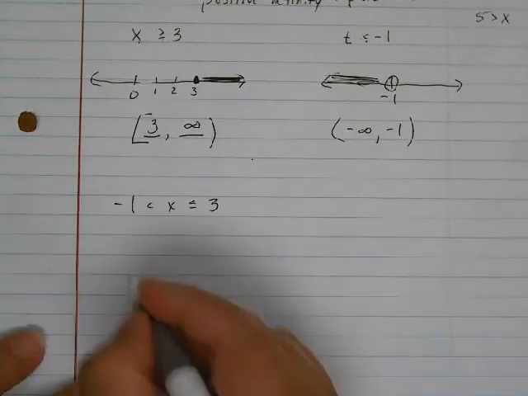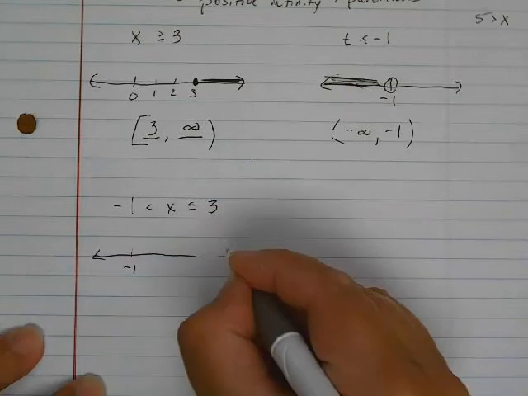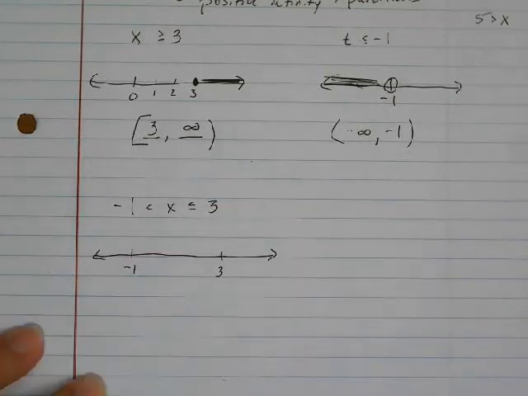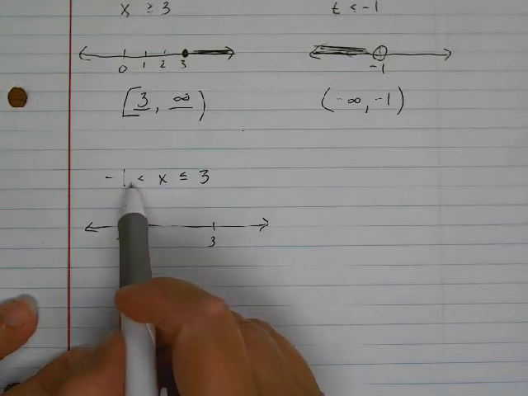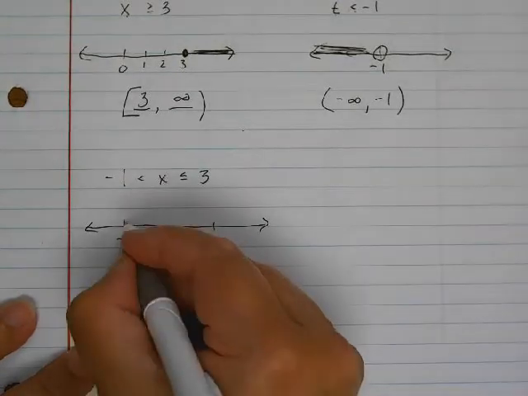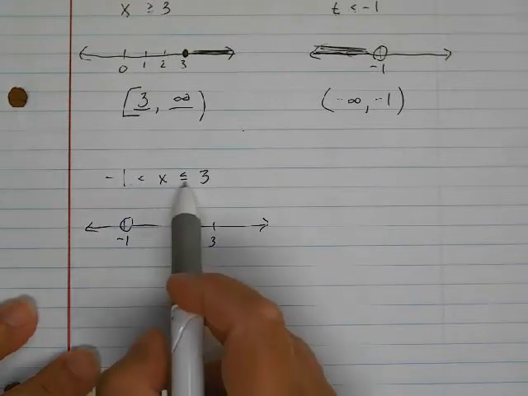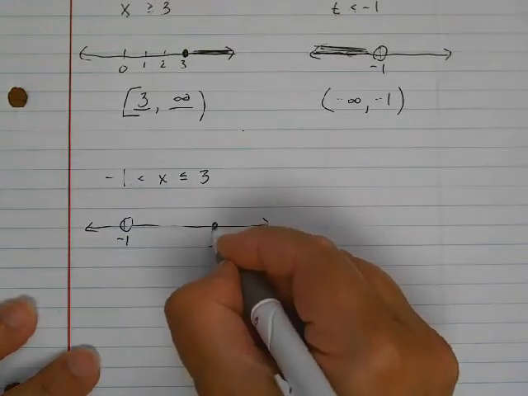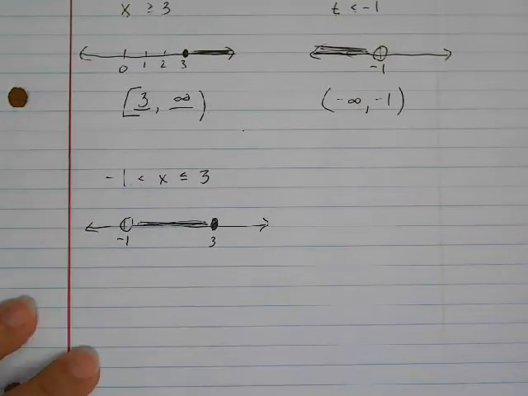So if I graph this on a number line, I'm going to need -1 and 3. -1 does not work. Its number is bigger than -1. It's not inclusive, so I'm going to put an open circle. x is smaller than or equal to 3, so since 3 works, I'm going to put a closed circle, and I'm going to shade all the things in between.